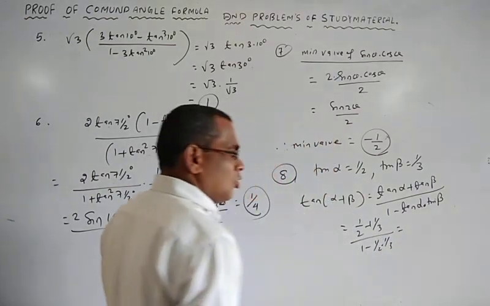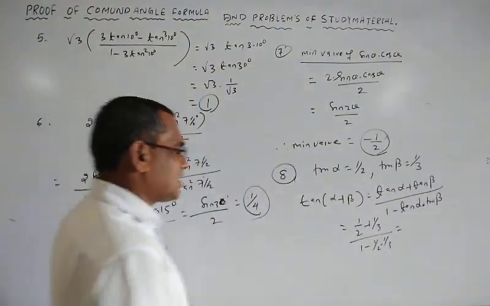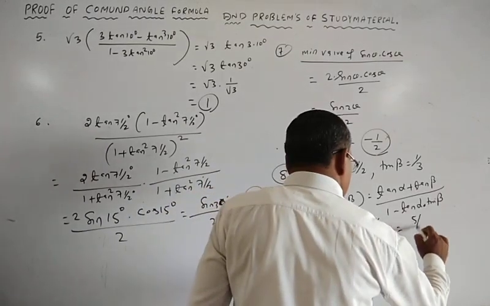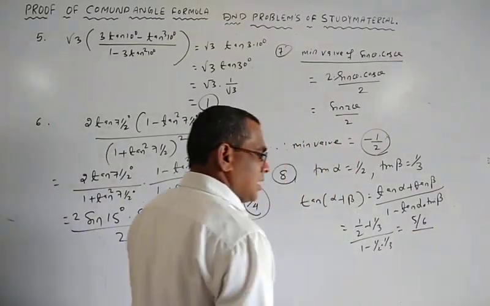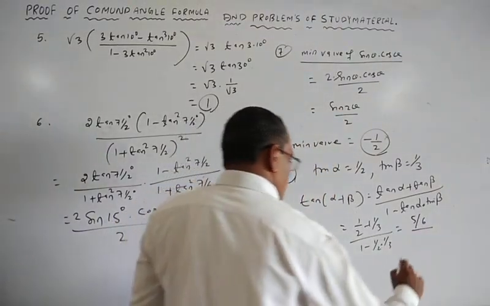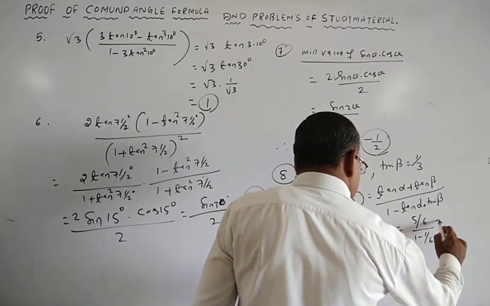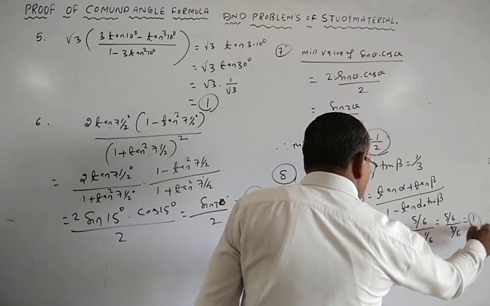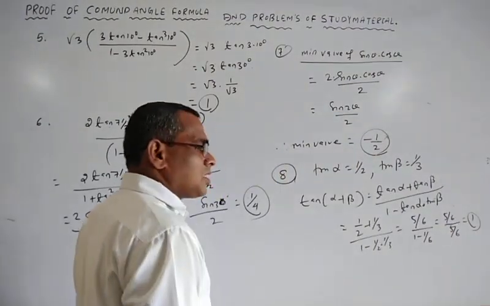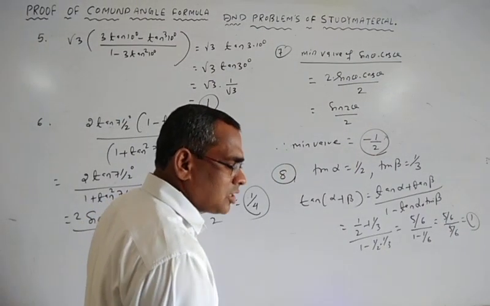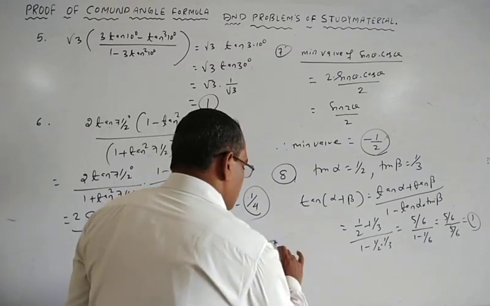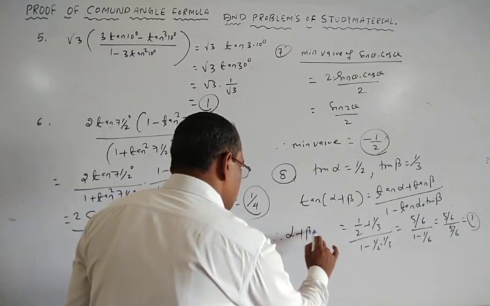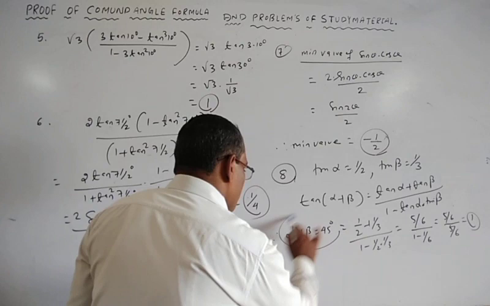So 1/2 plus 1/3 is 5/6, and 1 minus 1/6 is also 5/6, and 5/6 by 5/6 is 1. So tan of alpha plus beta is equal to 1. Tan theta is equal to 1 means theta equals pi/4. Therefore alpha plus beta is equal to pi/4 or 45 degree.